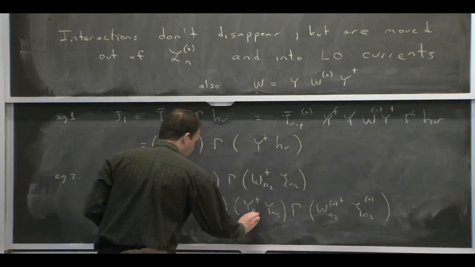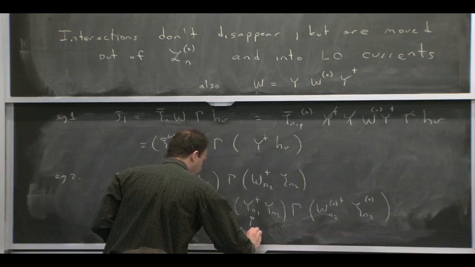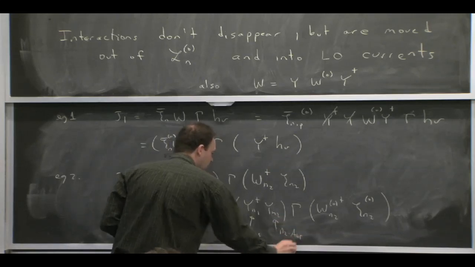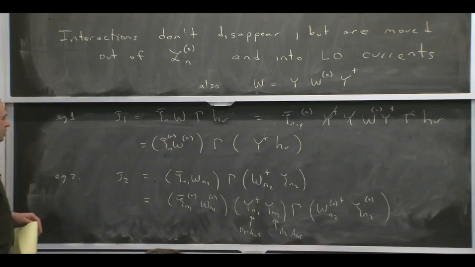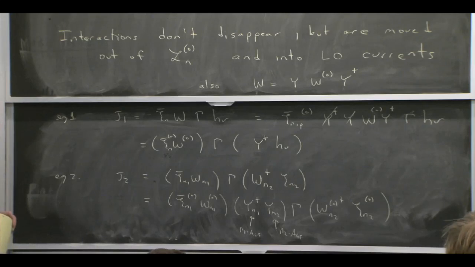And so here, this yn1 dagger involves n1.a ultrasoft fields, and this guy here involves n2.a ultrasoft fields. And they don't cancel, but they do simplify. All the interactions in this case simplify to this simple y dagger y combination.